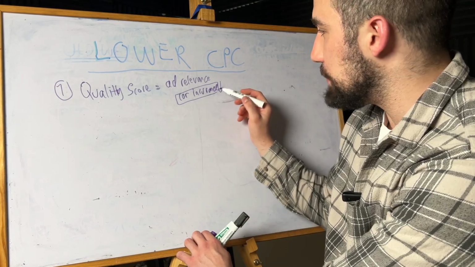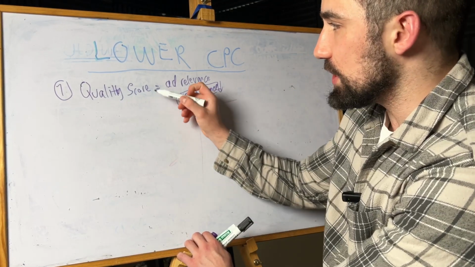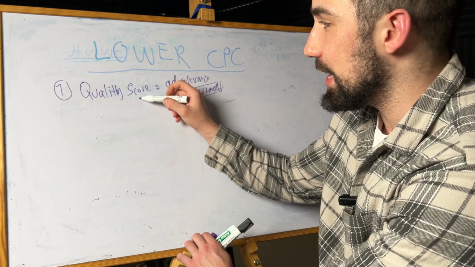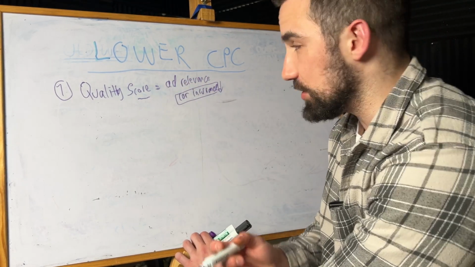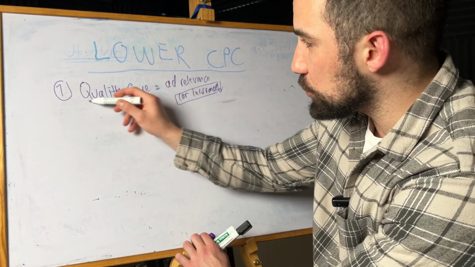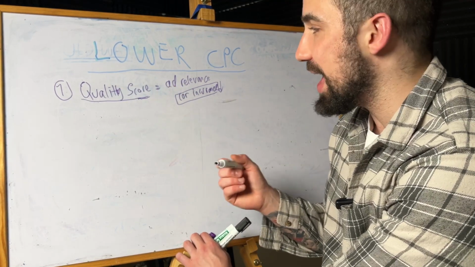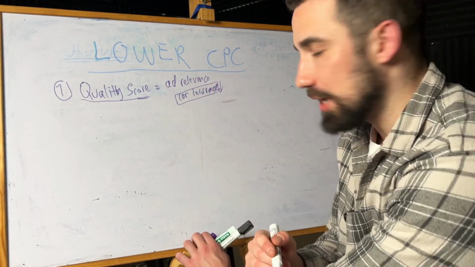So you have to pay more than your competitors to get that position, because even if your competitor has a lower bid for that specific keyword, let's say he's bidding $5 but you're bidding $10, if his quality score is way higher than yours, he has a likelihood of taking your spot. He's going to rank higher than you.